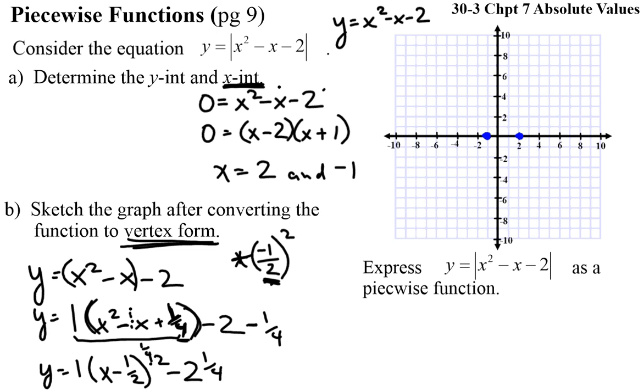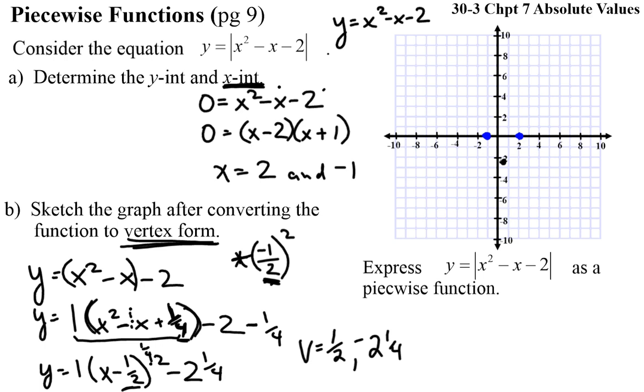So now we have our vertex at 1/2, negative 2 1/4. There's where our vertex is at. So to keep going from there, we need 1/2 and negative 2 1/4, and it's not going to be perfect but we can get an idea.